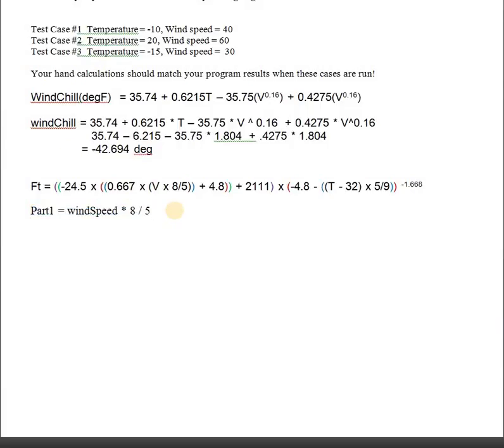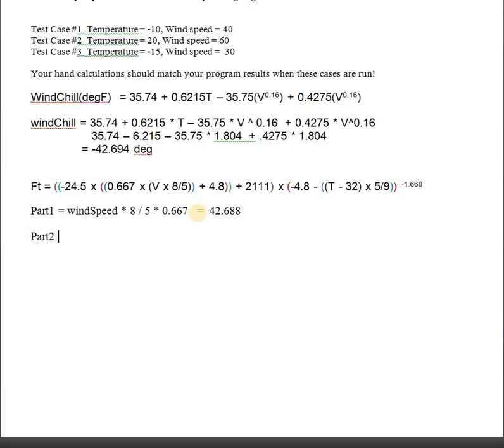Okay? And then I'm going to multiply by 0.667. And I can do these very straightforwardly because they're all multiplications and divisions. The wind speed is 40 times 8 divided by 5 times 0.667, which is going to be 42.688.